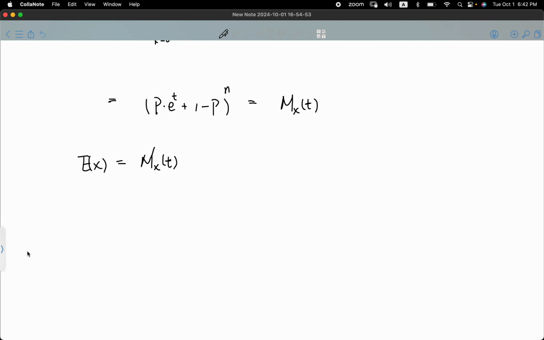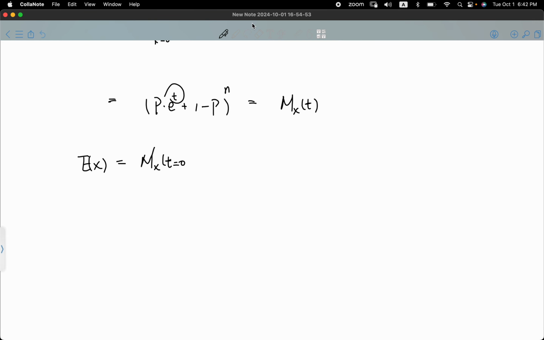I'm asking again: when we work on the moment-generating function, what variable should we take the derivative with respect to? T. Yes. As you can see, there's only one t here. Let me also write down t equal to 0.